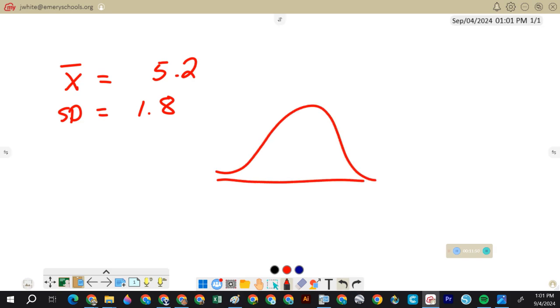All the high school baseball and softball games, okay? And we see that the average number of points is 5.2 per game, and the SD is 1.8. Okay? So I could draw a normal curve just to understand this a little bit better, and I put 5.2 there, and the distance to that inflection point is 1.8.